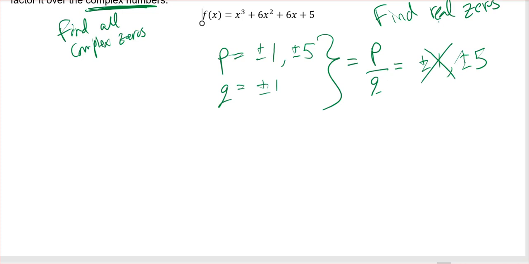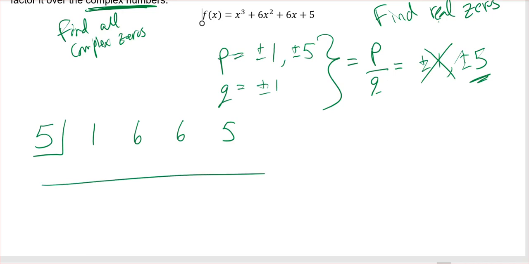Okay, that leaves us with just 5 and negative 5. Now, 5 cubed and negative 5 cubed are going to be pretty big numbers. With these, it might be easier to go straight to synthetic division, because our numbers aren't going to be as big. If I put a 5 here, I can see if this works.